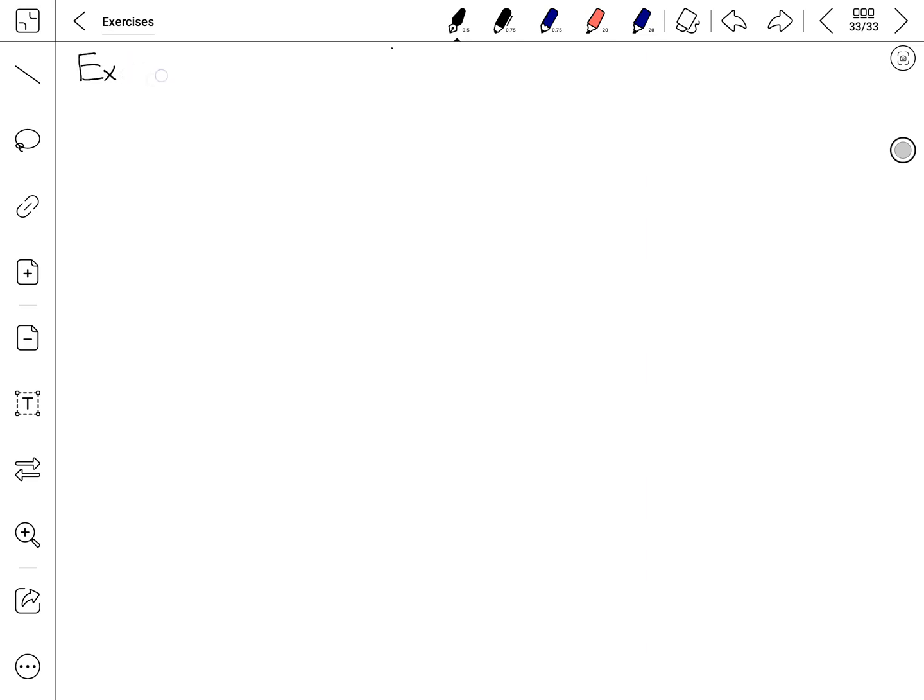Exercise 57. So let's talk about locally compact normed K vector space, where K is a valuation field.